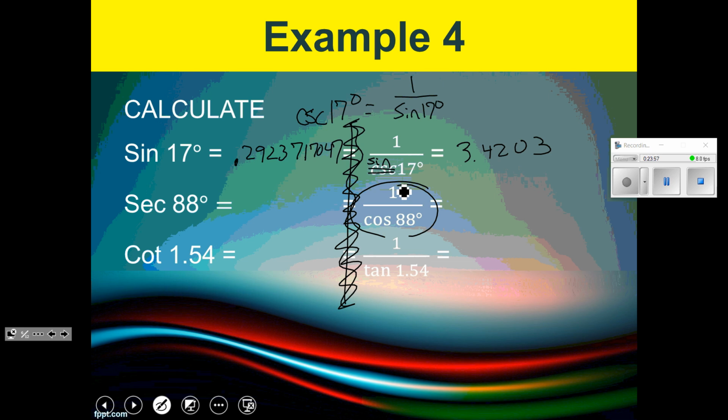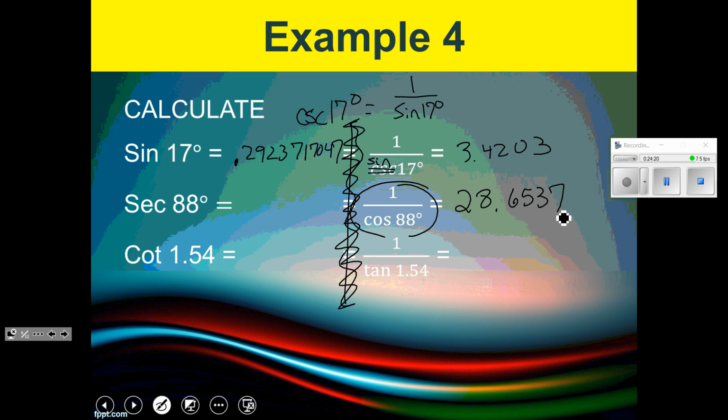So 1 divided by the cosine of 88 is going to be 28.6537. Okay?